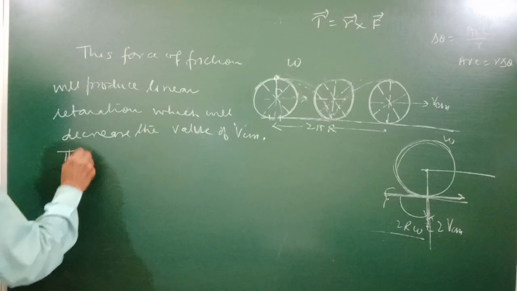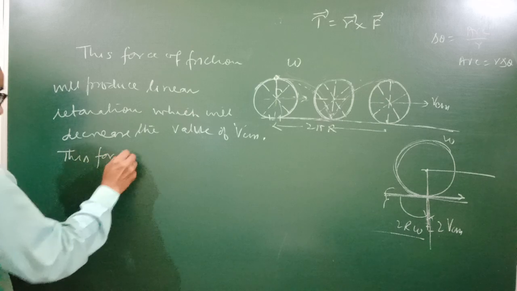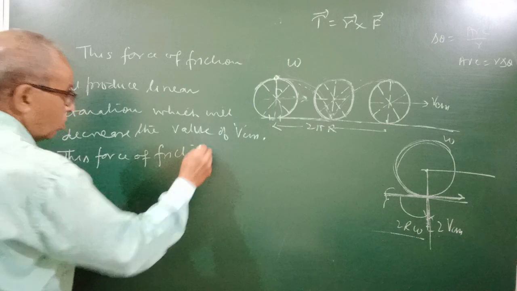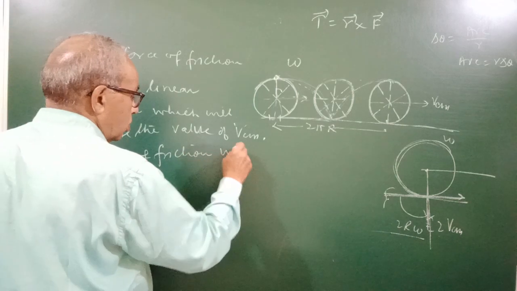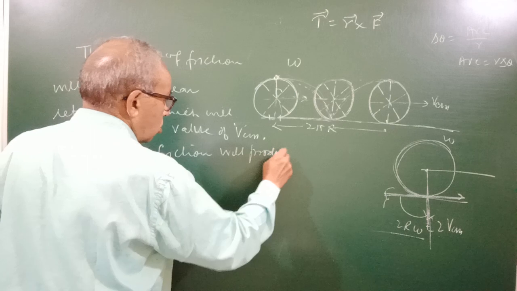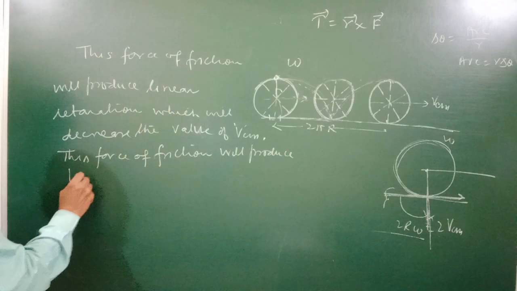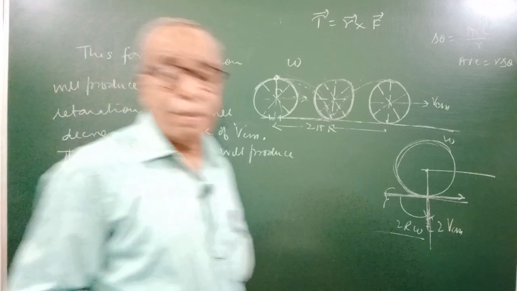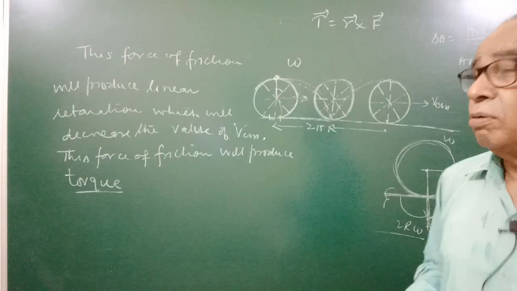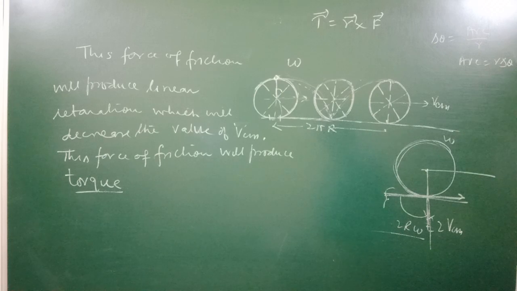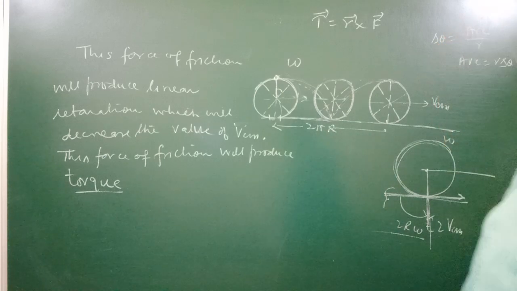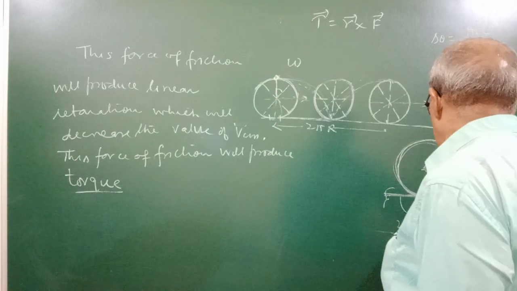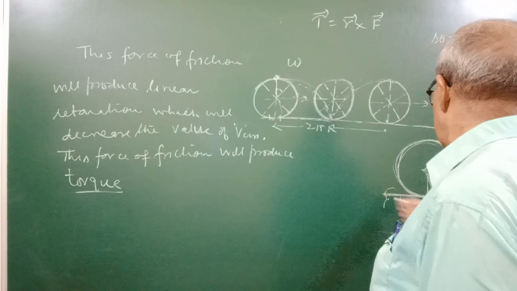This force of friction will produce torque. Dear friend, here it appears a little difficult, why is there torque? I told you the tangential component of force produces torque. So on this wheel, the force will act tangentially.